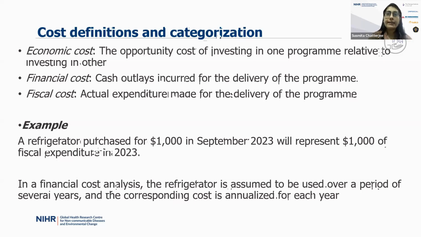So the idea is that it depends on whether you are doing a financial cost or economic cost. It is your decision. Why am I saying your decision? Because who is your stakeholder? To whom are you going to disseminate your work?